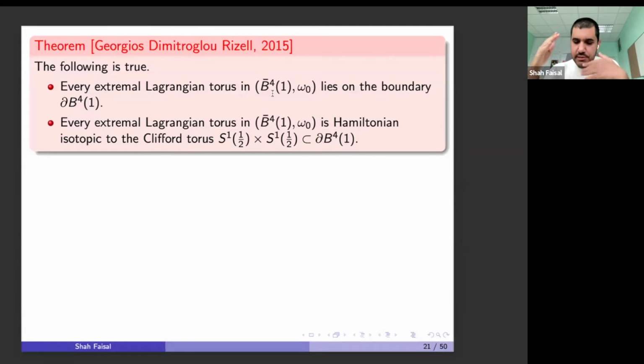So any extremal torus on the boundary of the ball is Hamiltonian isotopic to the Clifford torus, which is extremal. In the proof, he used four-dimensional holomorphic curve techniques, for example, the positivity of intersection and automatic transversality, and therefore this argument cannot be generalized to higher dimension.